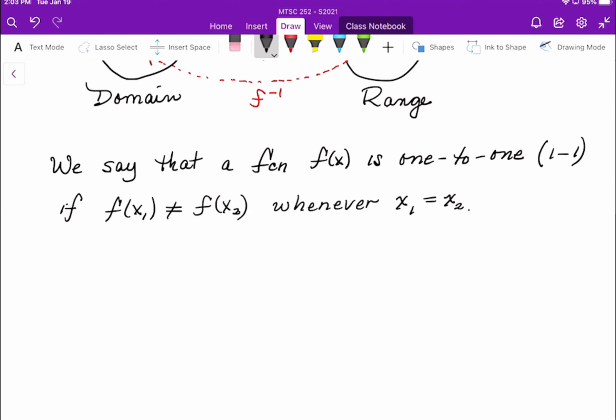So if x1 is not equal to x2, then their function values cannot be the same. Let me give you a very simple example.